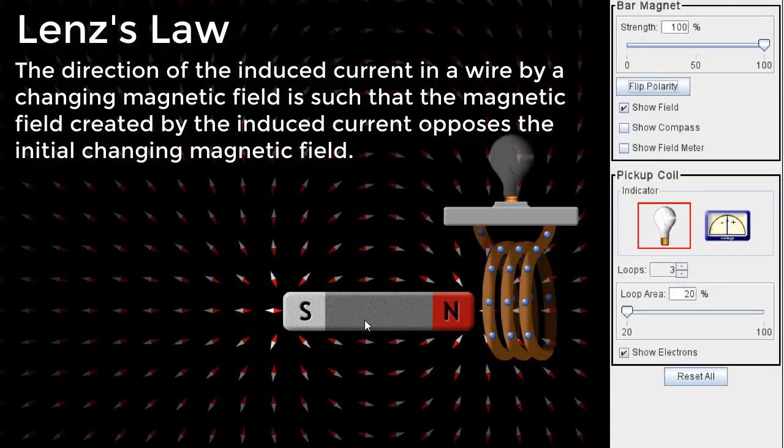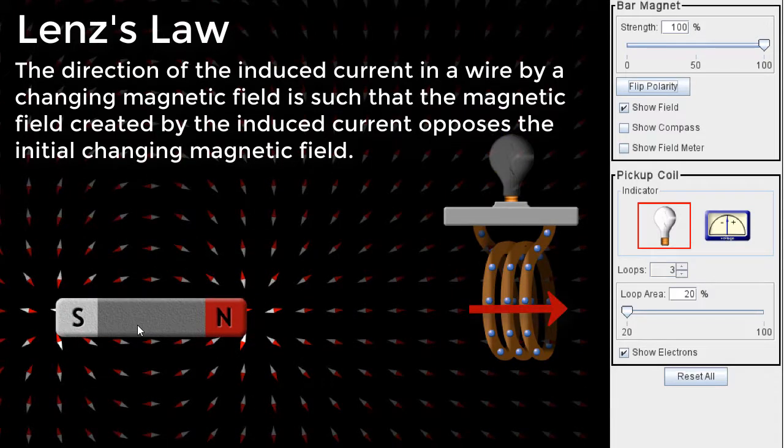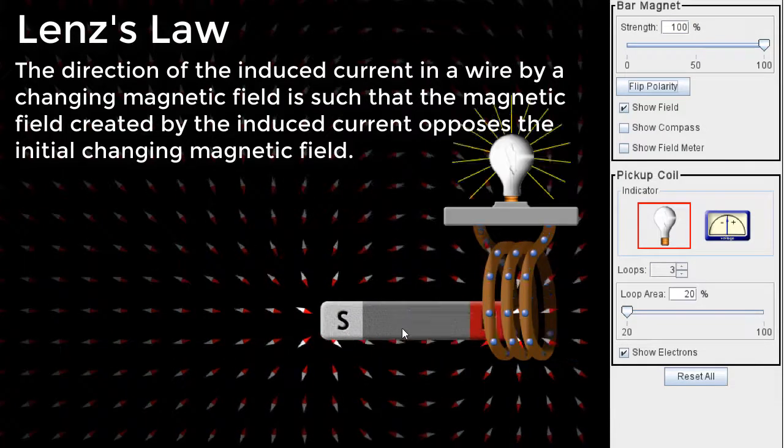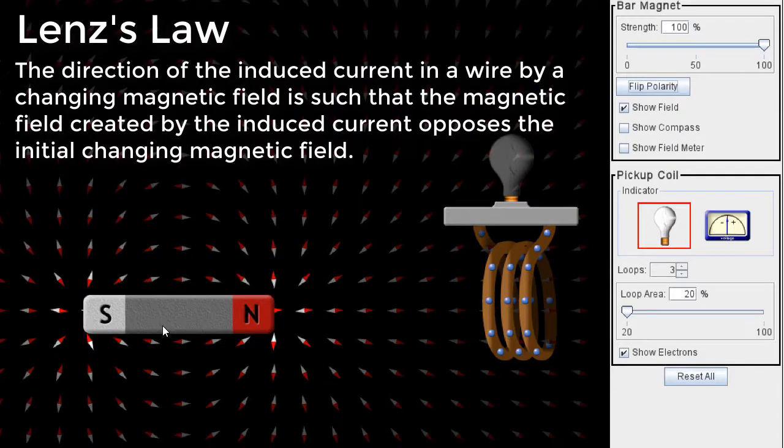As another example, we can see what happens when I move this magnet away from the coil. Now, as I move the magnet away from the coil, I'm decreasing the magnetic field there. So I had a magnetic field due to the bar magnet towards the right, and I've decreased that. And when I do that, let's see that again, I see that the electrons move upwards. If the electrons are moving upwards, that means I have a conventional current moving downwards.